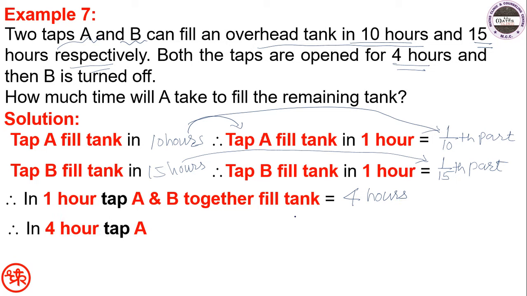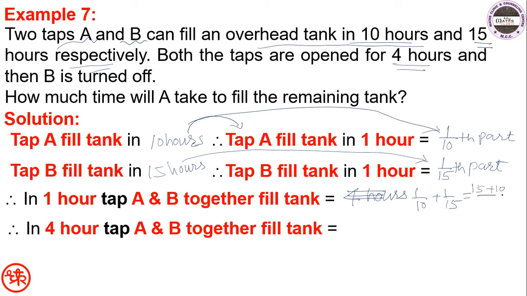And therefore in 1 hour tap A and B together fill the tank 1 by 10 plus 1 by 15. Okay, and that is equal to how much? 15 plus 10 upon 150, that is 25 upon 150, and that is equal to 1 by 6th.